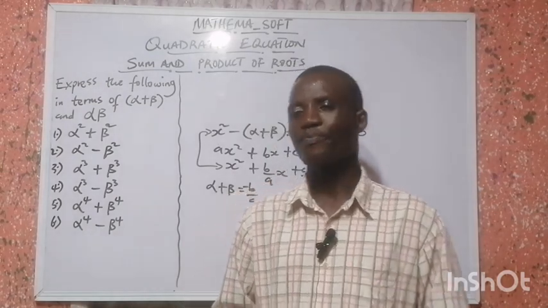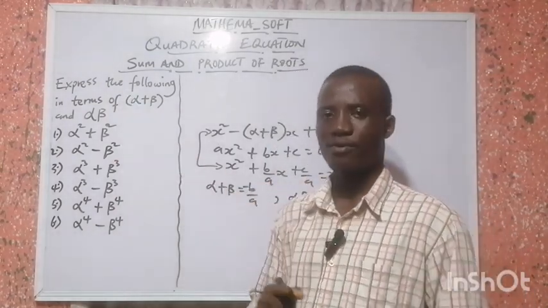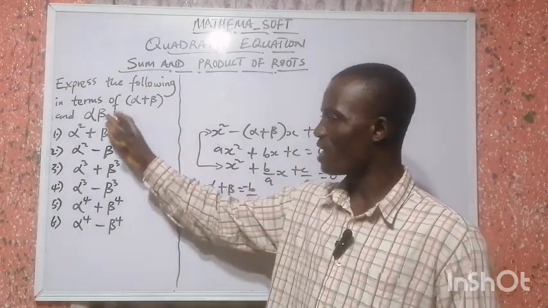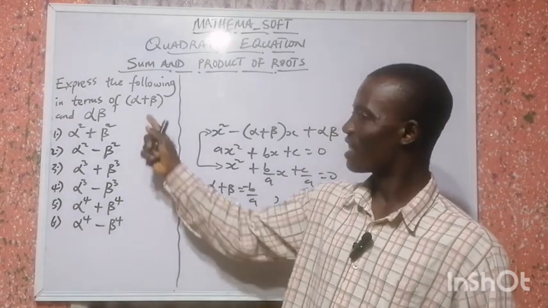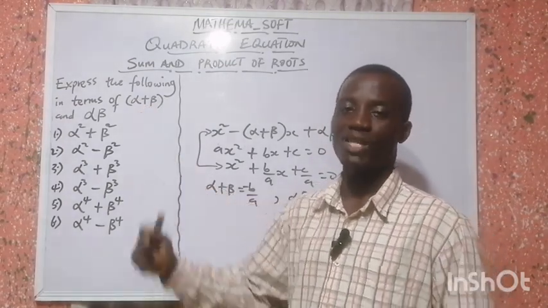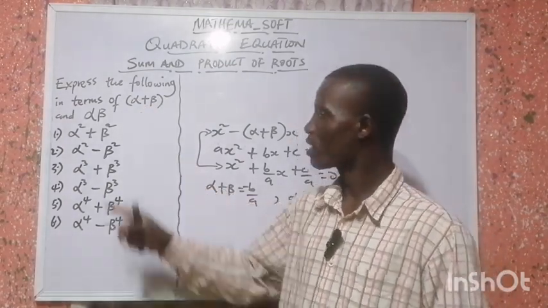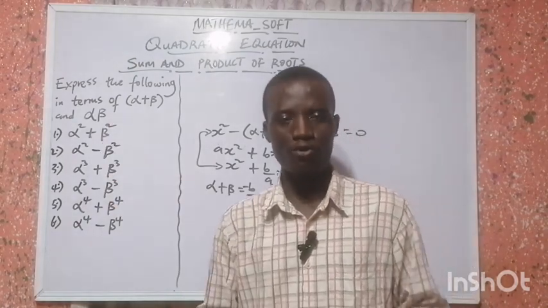So in today's class, we want to look at how we can express the following expressions in terms of alpha plus beta, which is sum of roots, and alpha beta, which is product of roots.